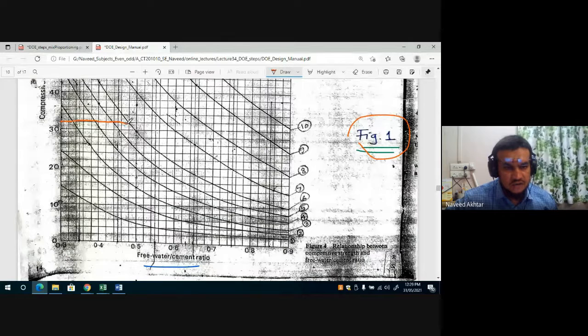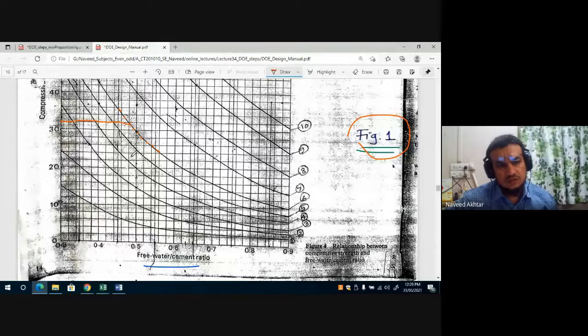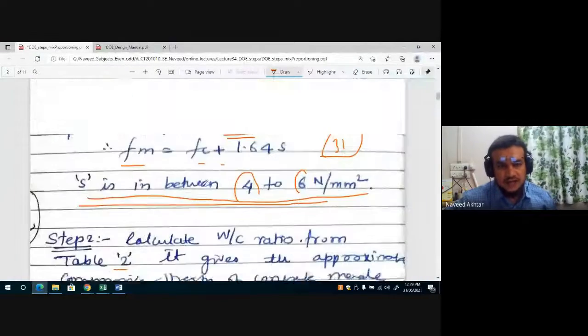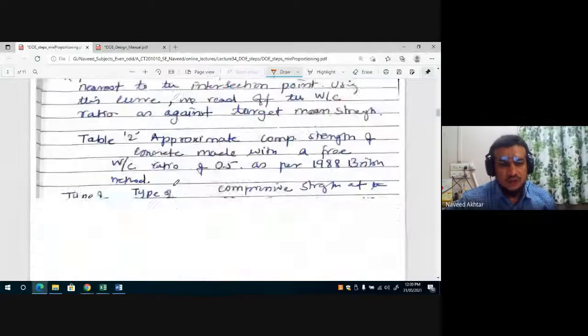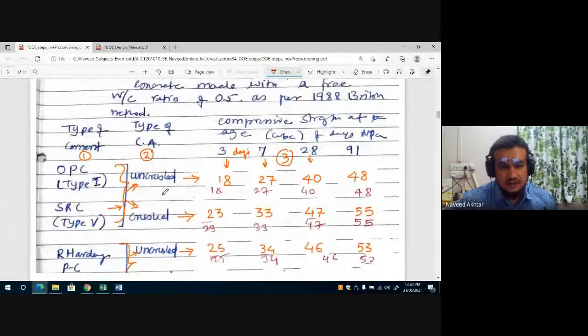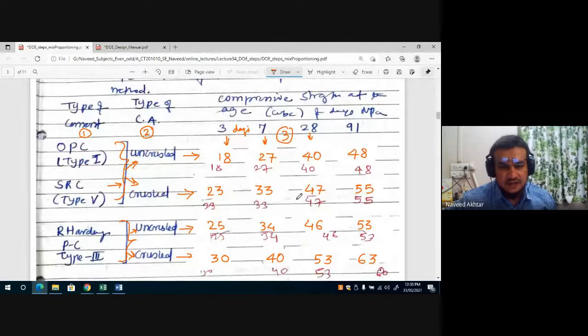So this graph I am taking. This graph you can see is for the strength. If your aggregate is 20 mm, so based on the 20 mm crushed aggregate, for 28 days strength for OPC cement is 40.